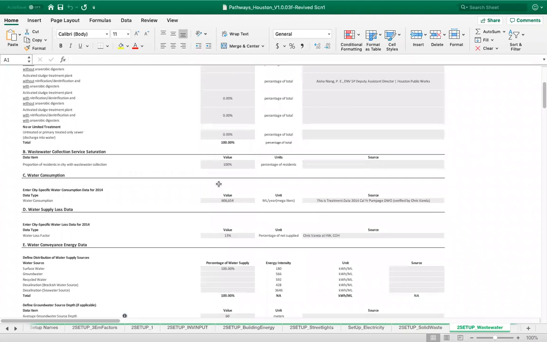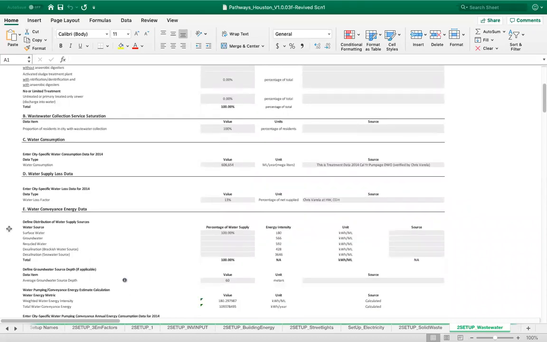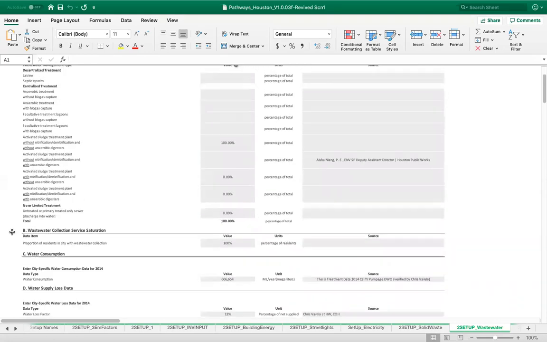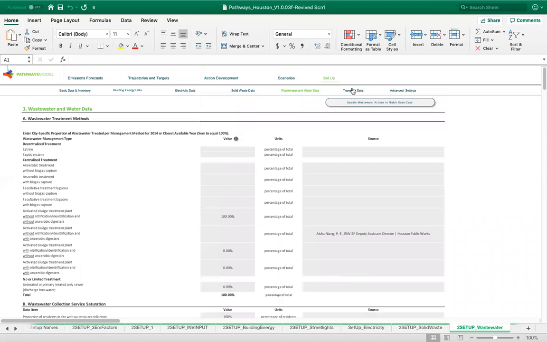Driven by, of course, consumption levels, one of the biggest things that can be changed, and whether there's going to be improvements to water loss in the future. And for some cities, I must admit, for Houston, I'm not so sure, but water conveyance can often be a significant energy drain. So there is the ability to look at water conveyance in this.